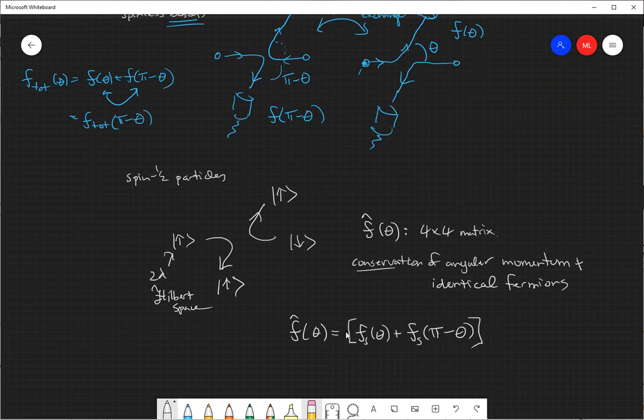By the matrix associated with the projection onto the spin singlet space. So this is the projection operator onto the spin singlet. Remember, this is now the projection operator in the tensor product space of the two electrons, which is a four-dimensional space. So it's a projector, so it's a matrix living in the four-dimensional two-spin tensor product space. And so it's a 4x4 matrix, just describing the projection onto the spin singlet state.